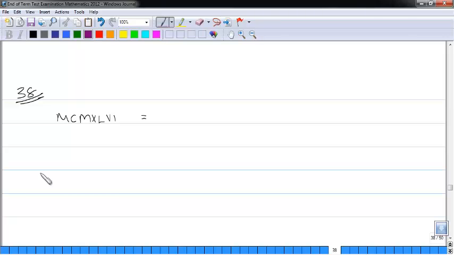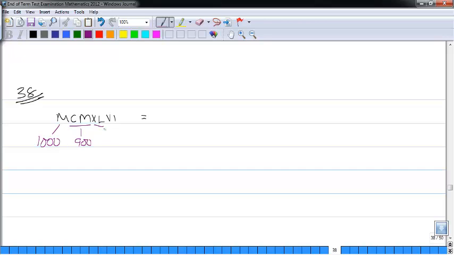Number 38. Number 38 wants to find out what is MCMXLVI, these Roman numerals converted to our regular numbers. The M here would represent 1,000, so we have 1,000 for the M. The CM would be 1,000 less 100, so this would be 900.